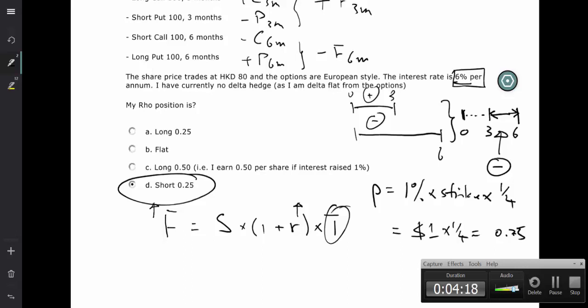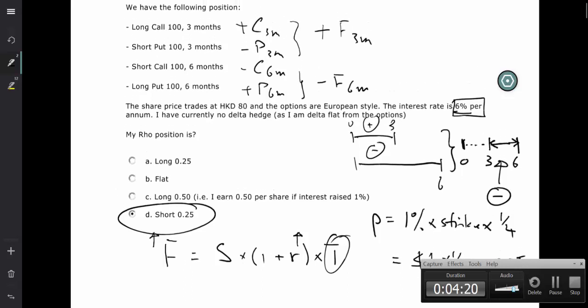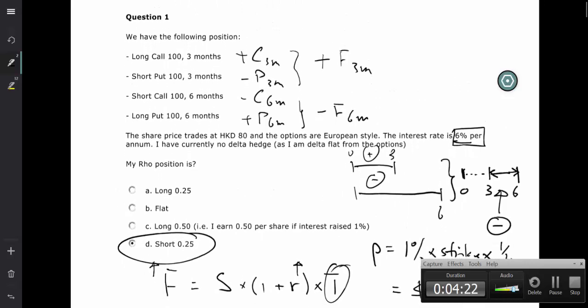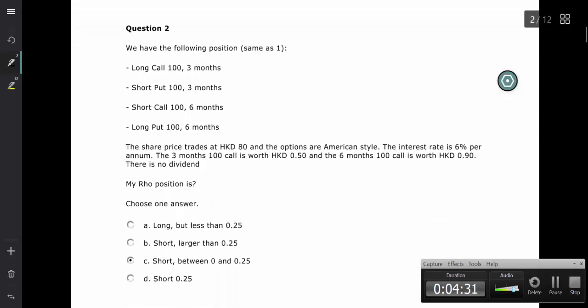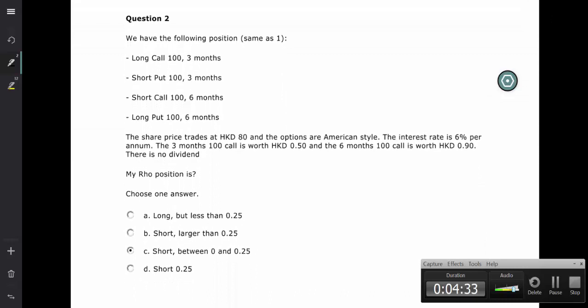Now I think here the option is European, so you don't really have a choice what to do. The next one is somewhat more interesting. This is when the option is American style. The position that you have is similar to the one before.